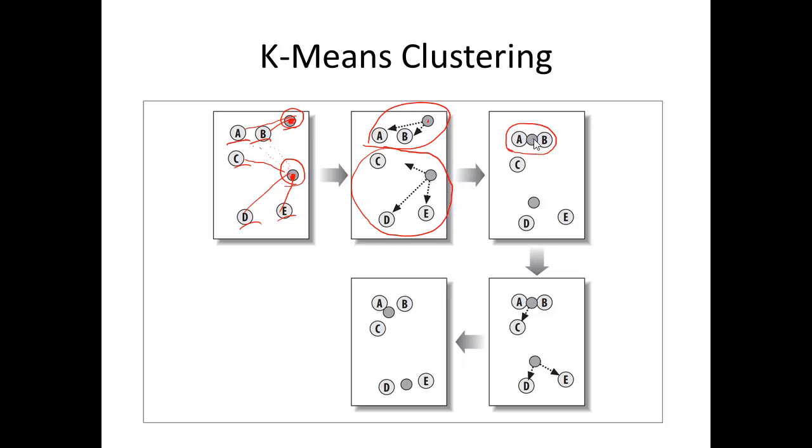And of course, the second cluster, its center, is going to be put in the middle of C, D, and D here. So this is how the clusters are moved now.